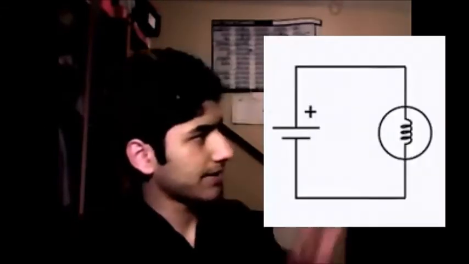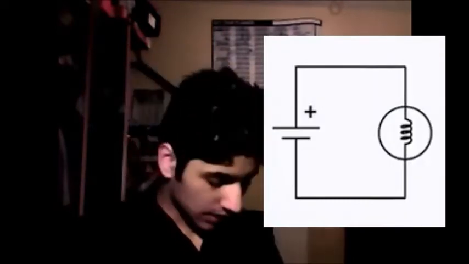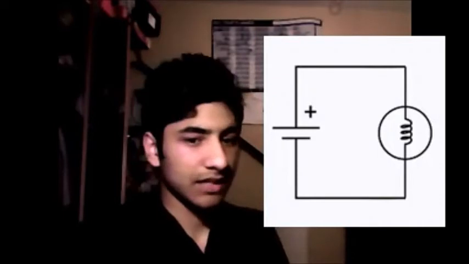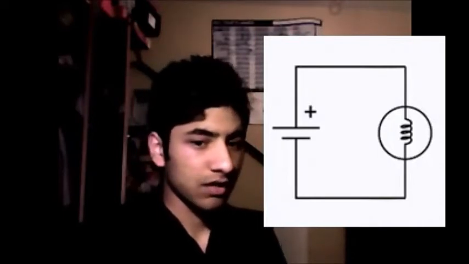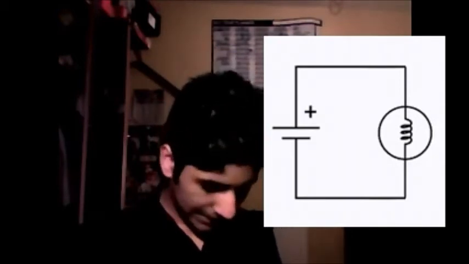Now consider this basic diagram with a bulb, a battery and wires connecting the two. Before the circuit has been turned on, the outermost electrons of the atoms are moving around randomly between the atoms, but their repulsive forces, by nature of them all being negative, keep them spread evenly throughout the wire.